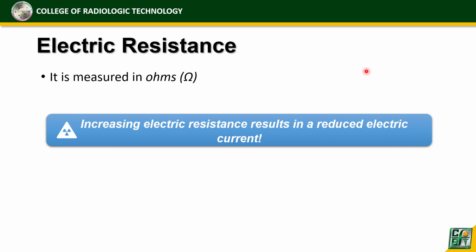So increasing electric resistance results in a reduced electric current. Okay. Dahil napakilala na natin yung resistance, yung current, and of course, the voltage. So, umpisa na tayo sa Ohm's Law.